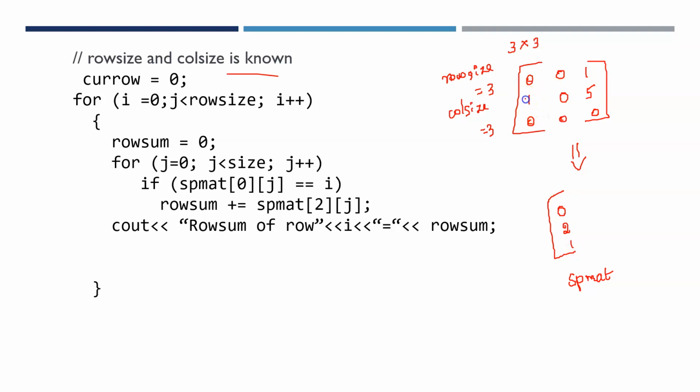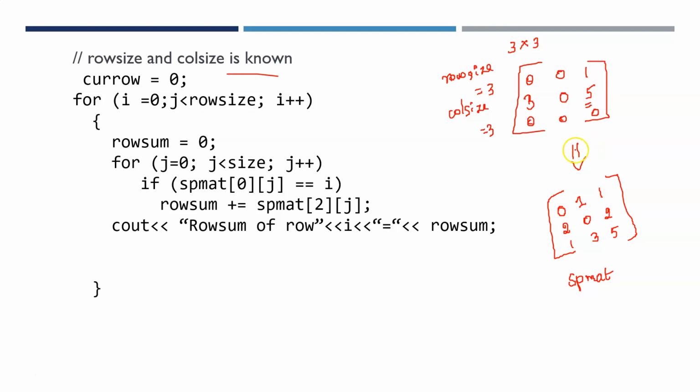Coming to this one, let me change the value to 3. This 3 is located in first row, 0th column, and the value is 3. Coming to the last non-zero element, it is located in first row, second column, and the value is 5. That's all. This is the sparse matrix version of the original matrix.